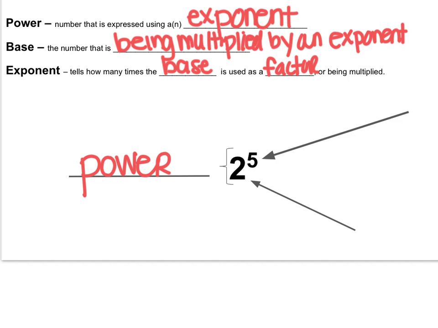And the 2 is our base, and the 5 is our exponent. Notice that the 5 is raised up. It is raised, and that is what we call our exponent. So we would say this as 2 to the 5th power.